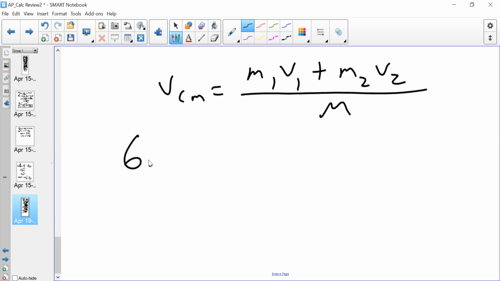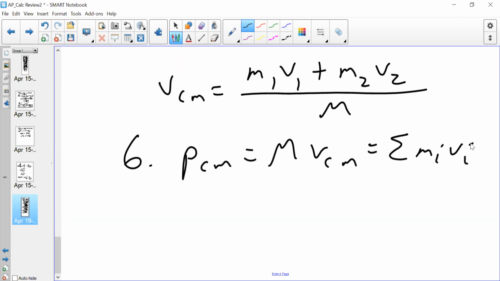And then the momentum of the center of mass, if you will, would just be the total mass times the velocity of the center of mass, right? And that becomes just a collection of all of the masses and their velocities, which is equal to, this is momentum, right?